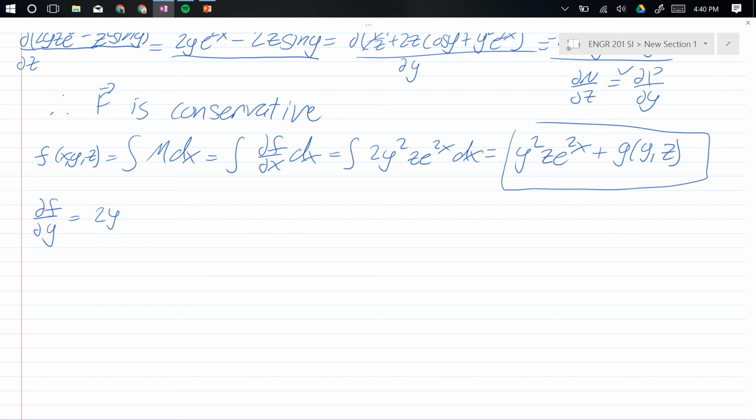So it'd be 2yz e to the 2x plus dg over dy, or you can say g prime of yz, whatever indicates that this is a derivative of g(y, z).